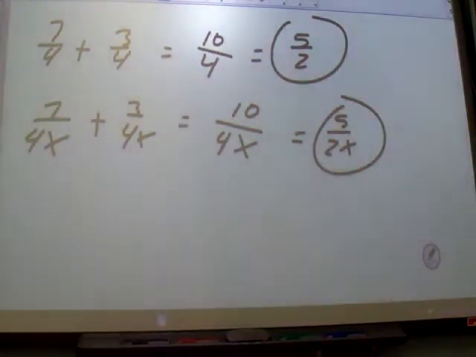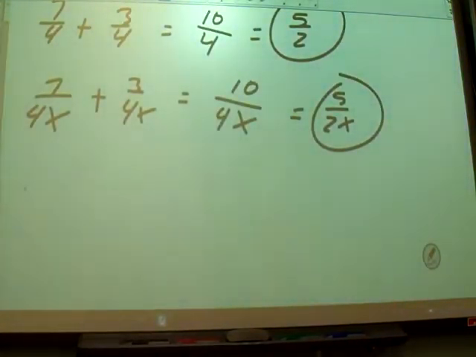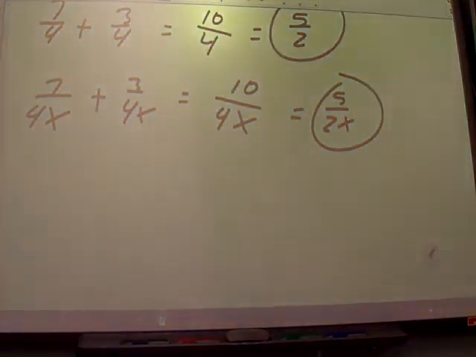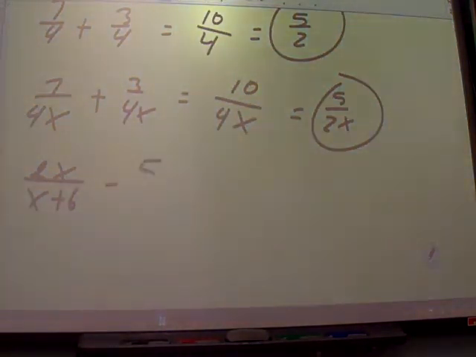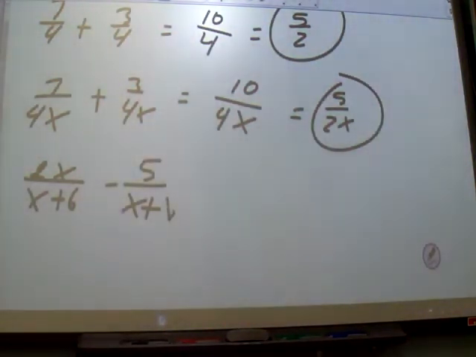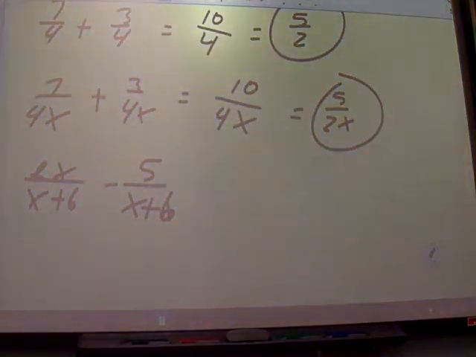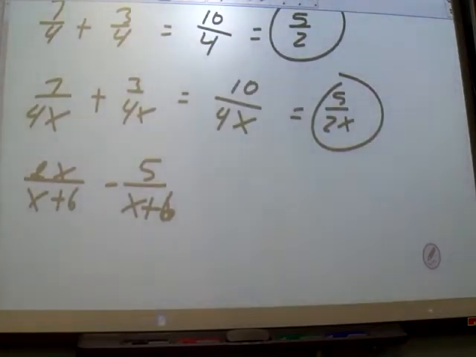One more little warm-up one before we get into some more fun stuff. What if I had 2x over x plus 6 minus 5 over x plus 6? What are we thinking on this? It would be 2x minus 5 over x plus 6. Very good, Grant.